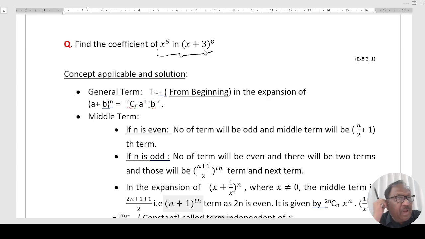Suppose x, regroup the x power and find its exponent. Put that exponent equal to the required one. Suppose x to the power 5 is required, then whatever the exponent, find the value of r from there. If r comes out to be negative, that term is not accepted. If r comes out to be a positive integral value, then that is the answer. Then find the coefficient.